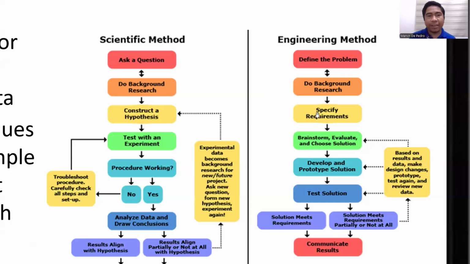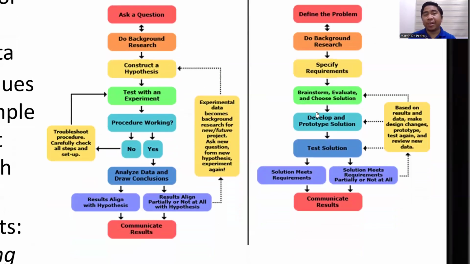And then once we are done with that, there are two possibilities. The results align partially or not at all with the hypothesis. If that's our result, then we go back to our hypothesis. Using our experimental data, we now have background research for our new project, or we can ask a new question, form a new hypothesis, or we can experiment again.